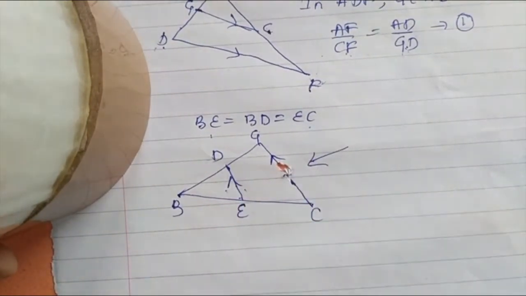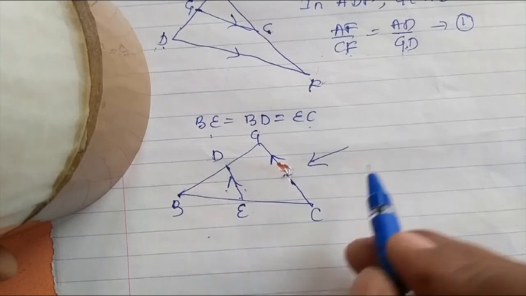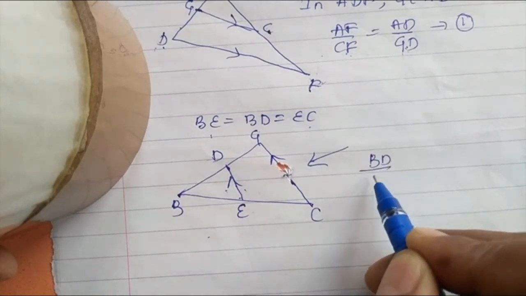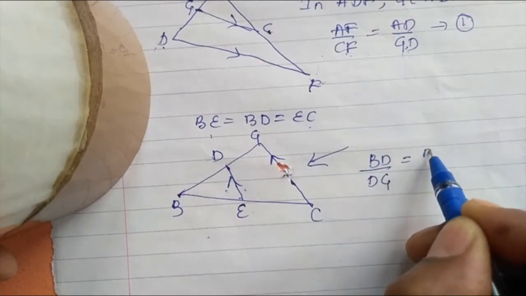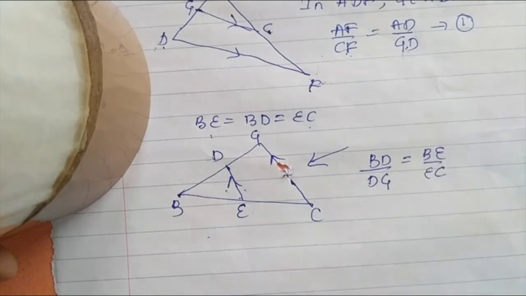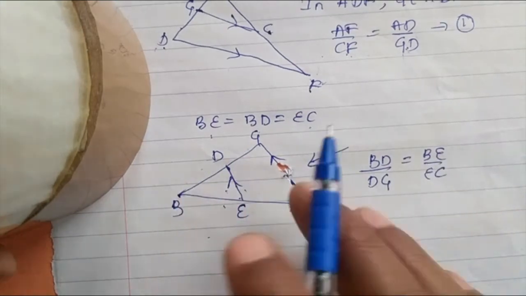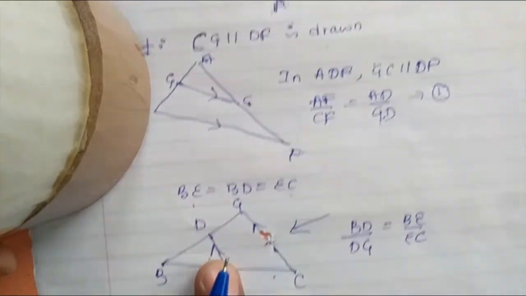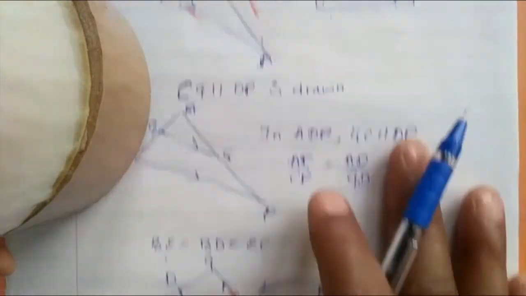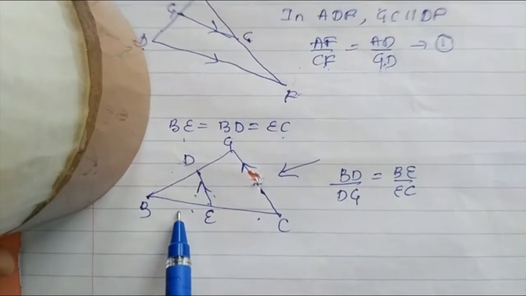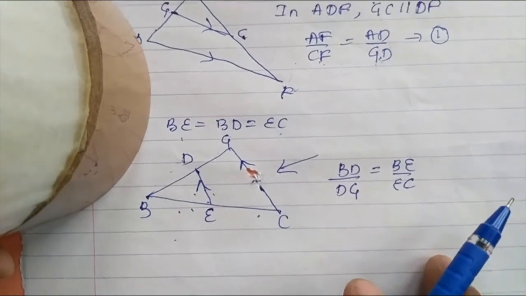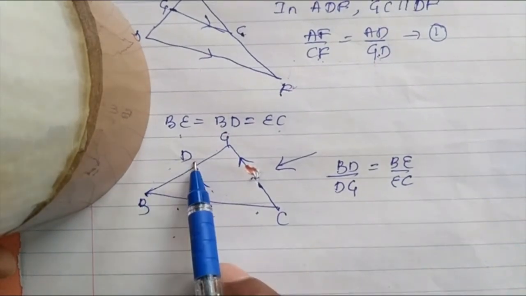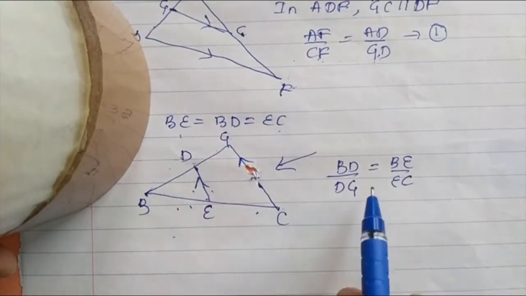If you observe from this side, you can write BD by DG is equal to BE by EC. I follow the off by off form here, because this is not the important main answer. It is additionally taken to obtain other results. So BD by DG is equal to BE by EC.